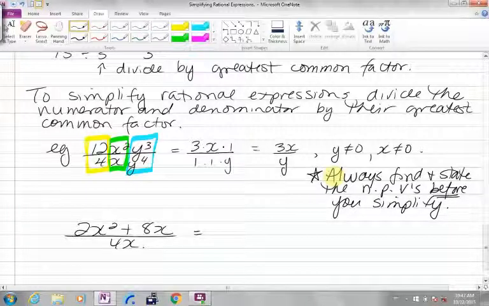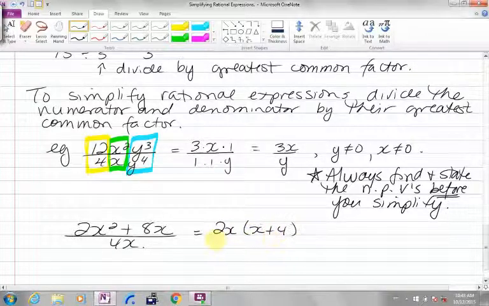Sorry, Lyndon? Not to factor it. Don't need it equal to 0. That would be if I'm solving it, not solving it. Ian? Anything else? I want to take out the GCF, right? That's right. So I'm going to take out the 2x, and I'm going to be left with x plus 4 over 4x. Now that it's in factored form, now I can look for factors that are common.